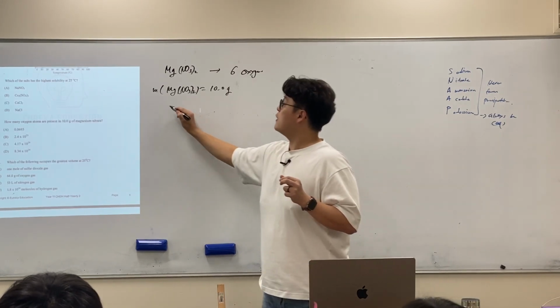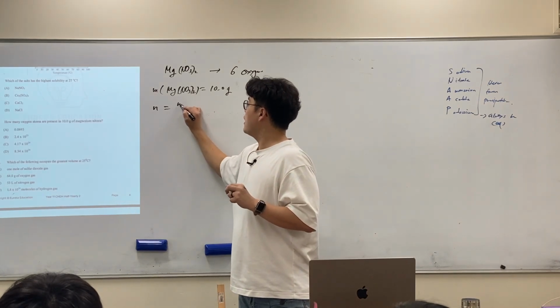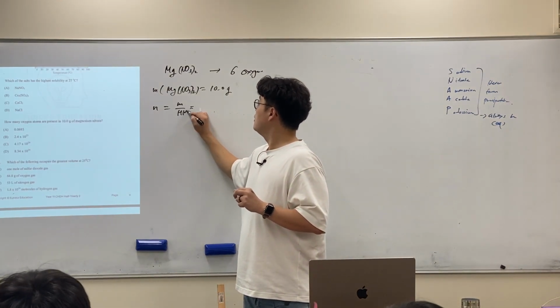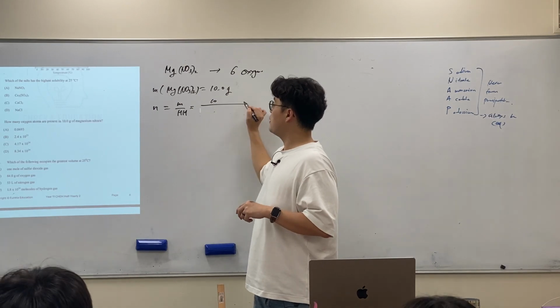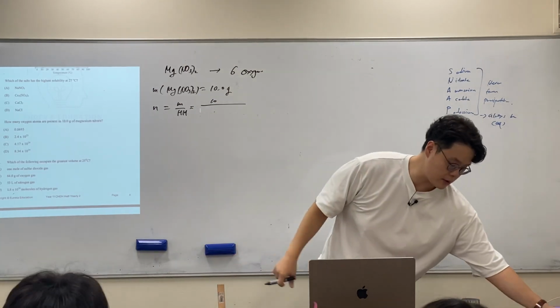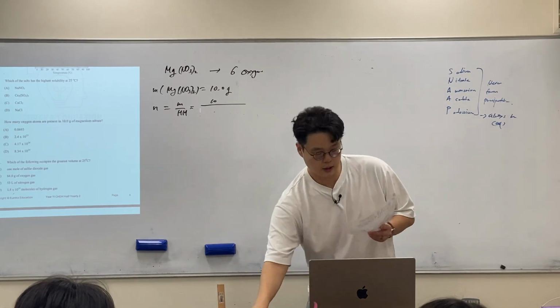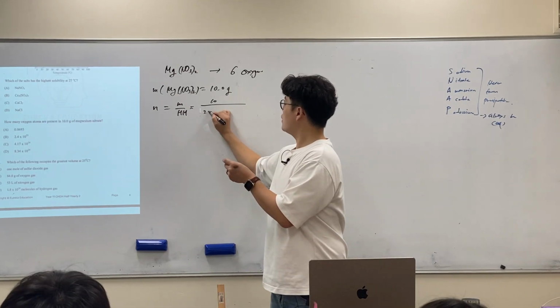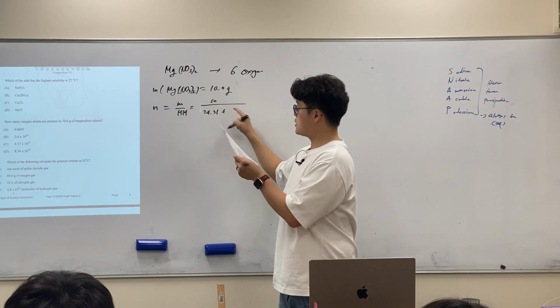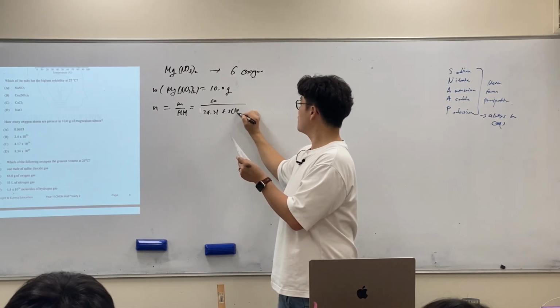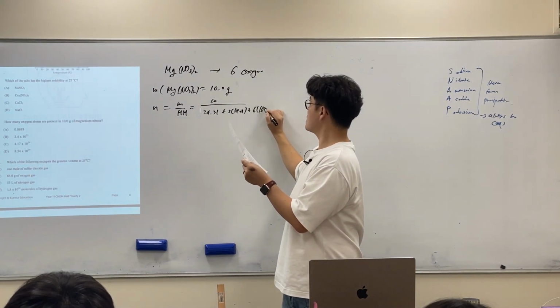So we can find the number of moles by mass over molar mass. That's 10 divided by certain values. Use your periodic table again here. Mg is 24.31, plus 2 times 14.01, plus 6 times 16.